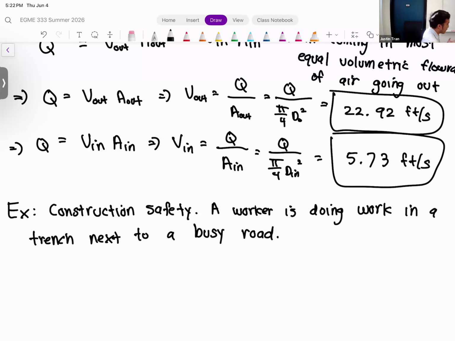And so just like any busy road, we have lots and lots of cars coming by. The cars are emitting a lot of harmful gases, one of them being carbon dioxide, CO2. Now, CO2 is more dense than air.